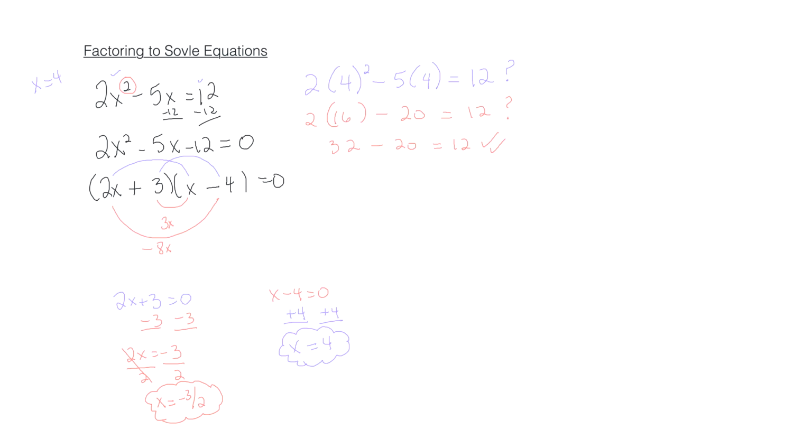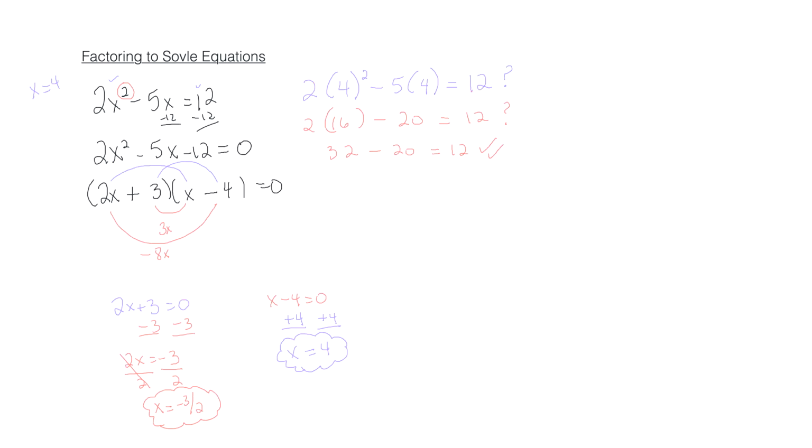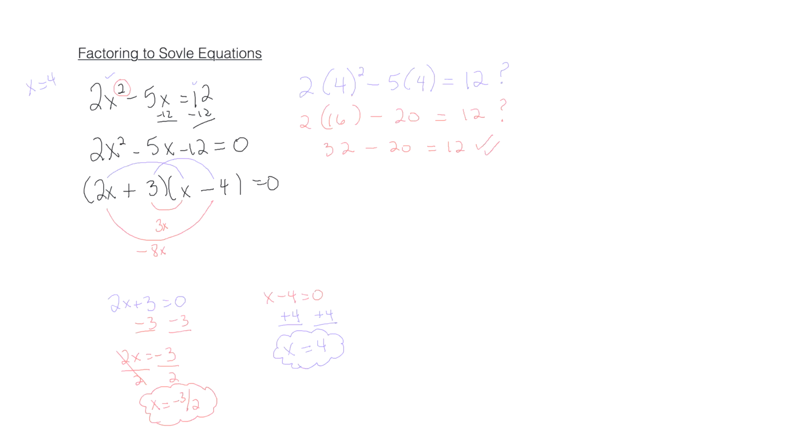Okay, let's try another one. If it's already factored for you, which someone might give it to you like this, I wouldn't, but could be an easy one on the test, never know.